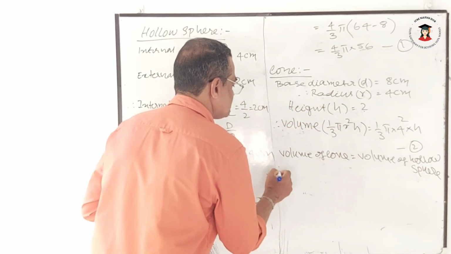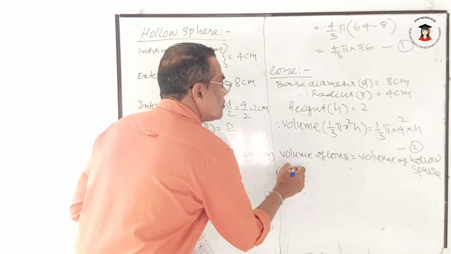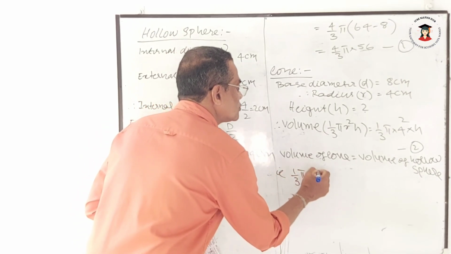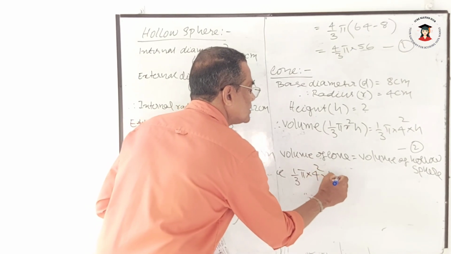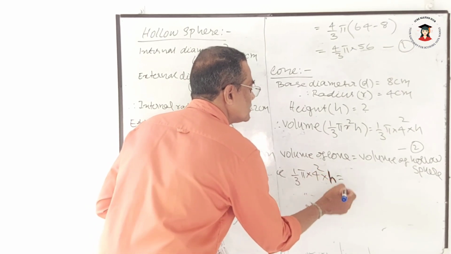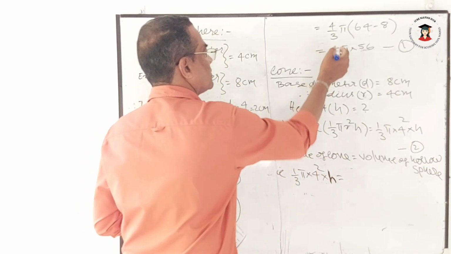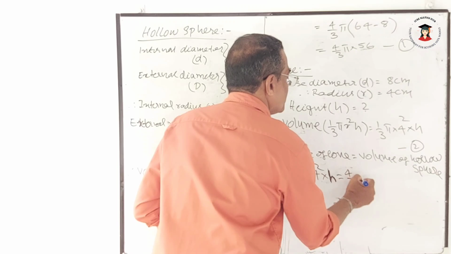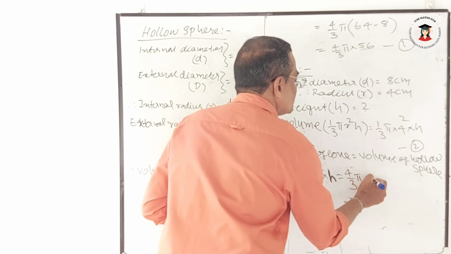That is 1 by 3 pi into 4 square into h equal to 4 by 3 pi into 56.